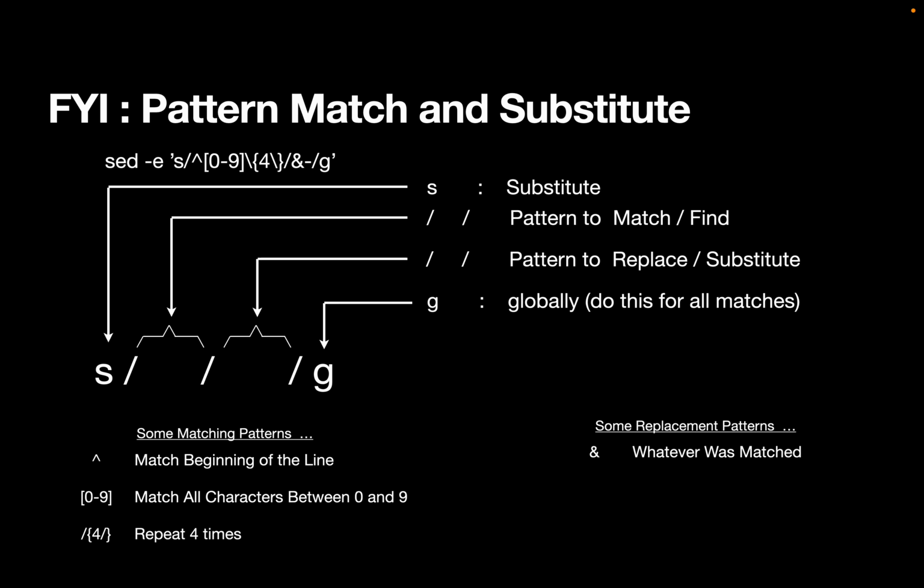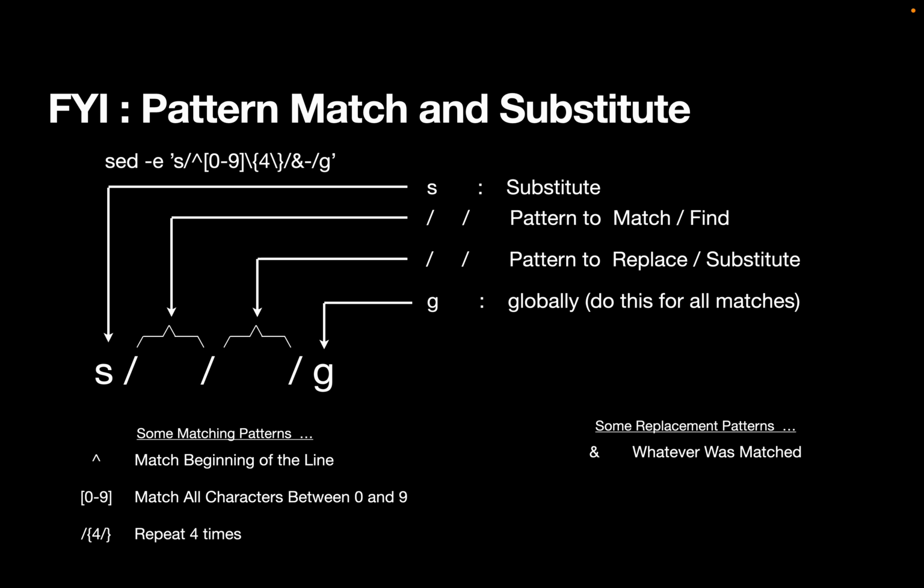Okay. So our substitution pattern is: S stands for substitute, right? Then you've got the 2 slashes, and our search pattern, the pattern that we're trying to find, is going to match the beginning of the line. That's a caret, right? Then we're going to match all characters between 0 and 9. That's all numeric characters, right?